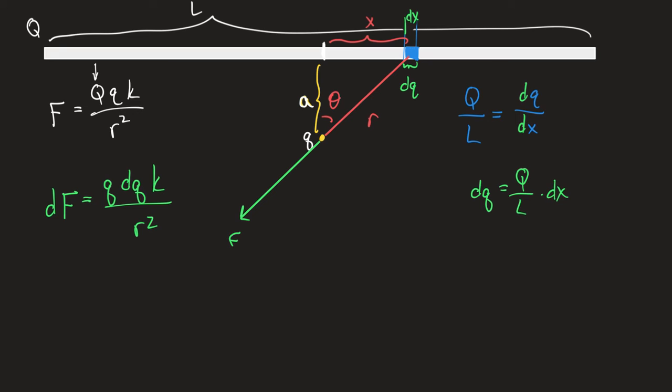We've done this because we know we need to replace r with other things. We need to tell our problem how far away the piece of charge is. So the very first thing I would start doing is saying, okay, my df can now be rewritten.